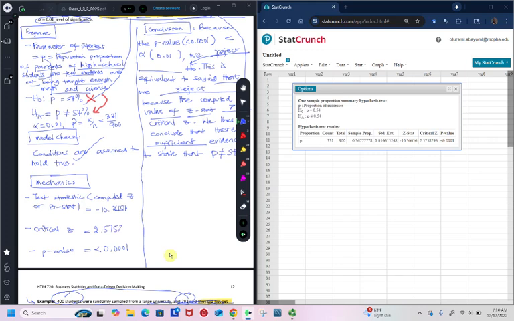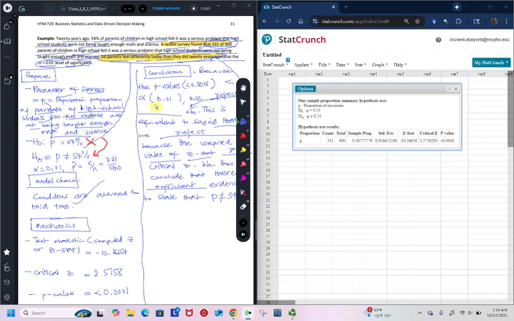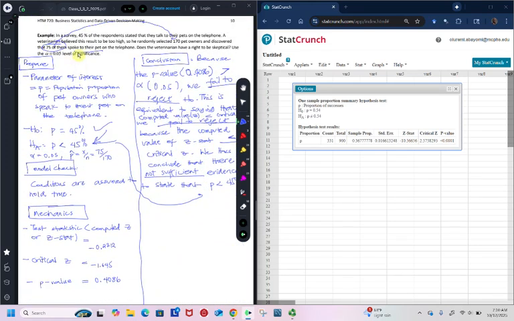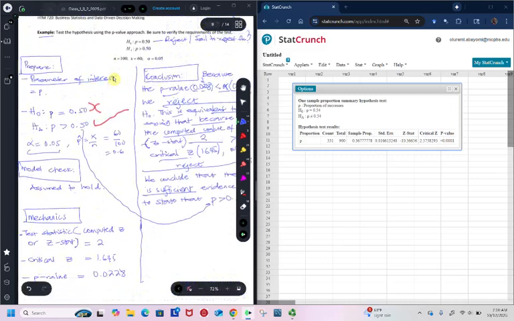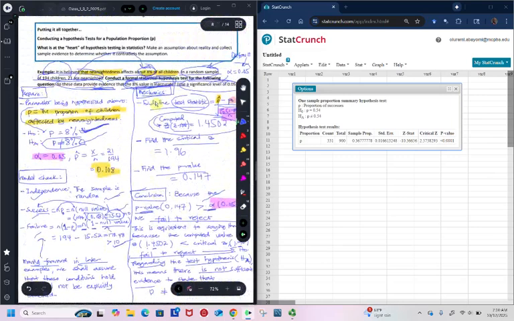But the p-value is still less than 0.01. So because the p-value is less than alpha, all of the conclusions will still follow as previously established. All right, let's see. Okay, this was 0.05, and this was also 0.05, and this was also 0.05.